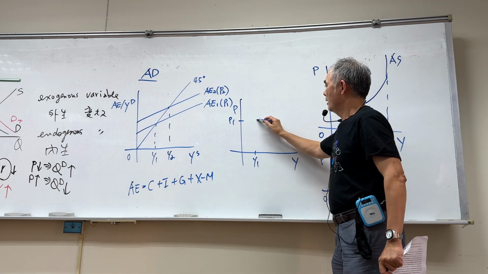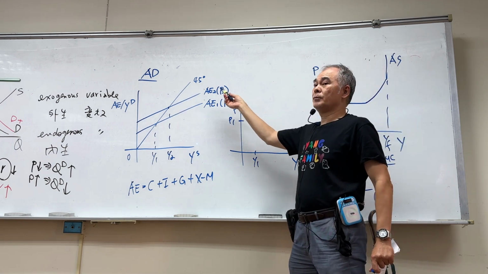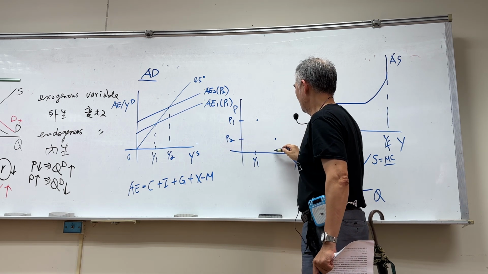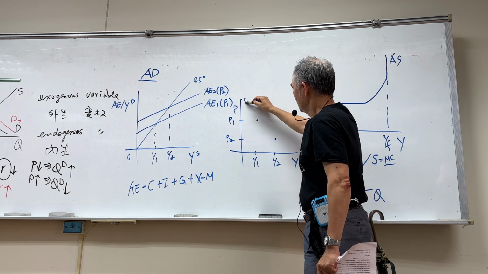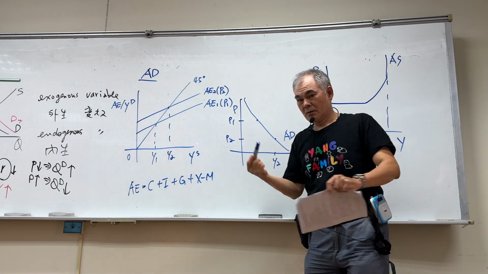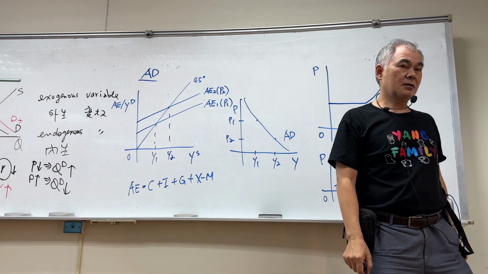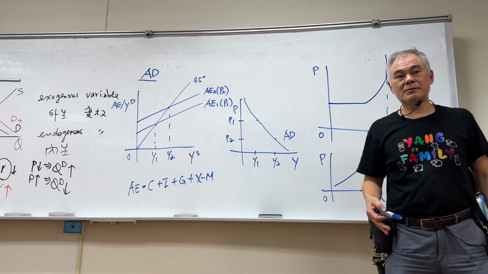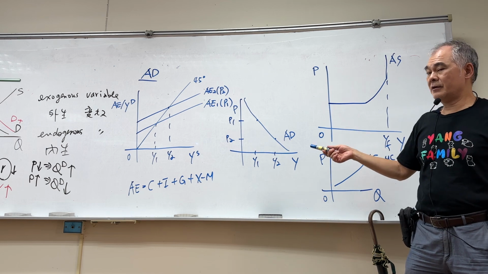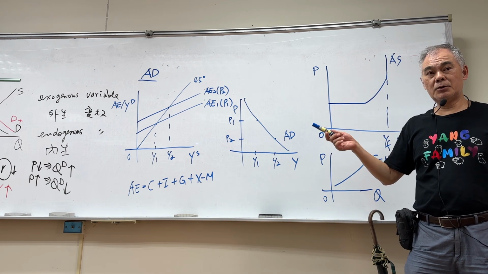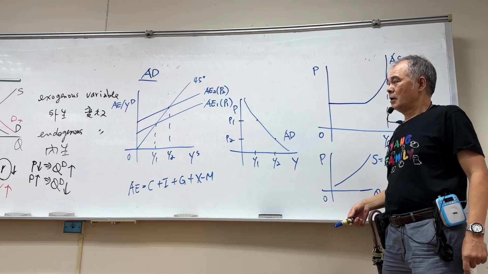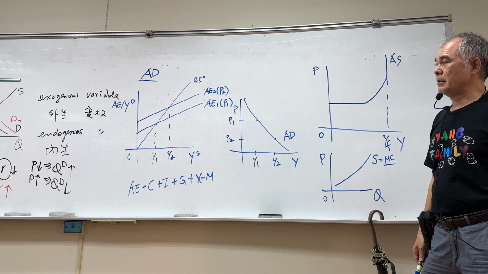And P2 will be smaller, so P2 will be here, and Y2 will be here. So this will be the aggregate demand curve, okay? For next semester, I'm going to show you deriving the aggregate demand curve using the IS-LM model. We will talk about it when we finish the money market. Okay, questions?